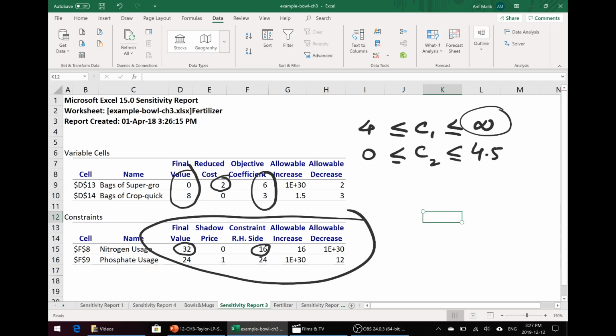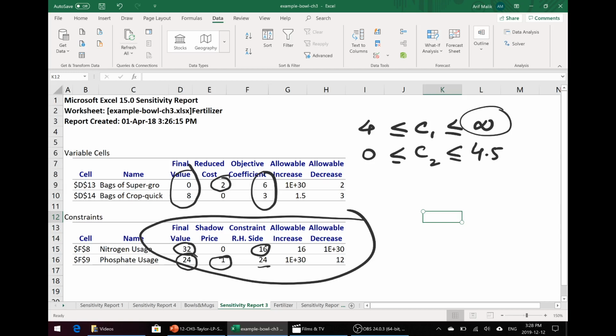And the phosphate right hand side was 24, and the usage is also 24. The shadow price is 1 for phosphate. So if we make the requirement of the land not 24 but 25, the shadow price is 1, so it will increase the cost by $1.